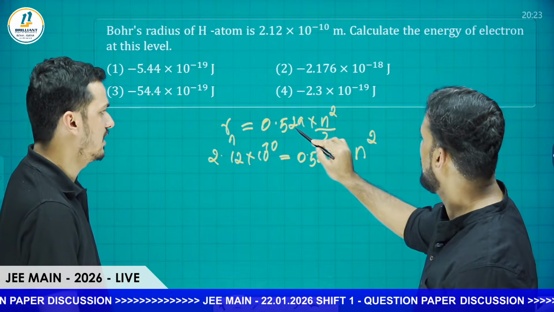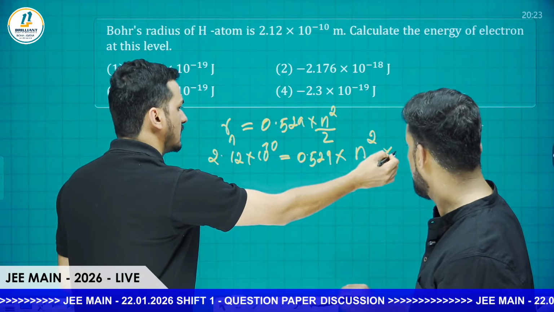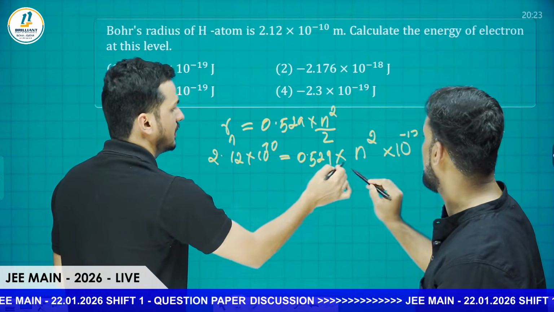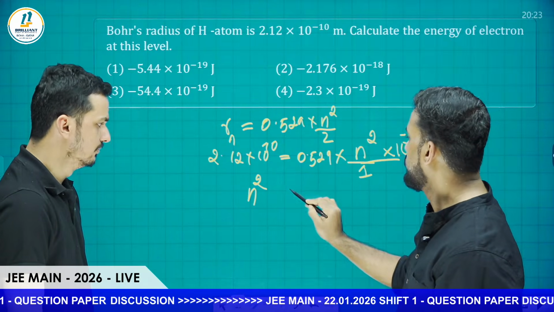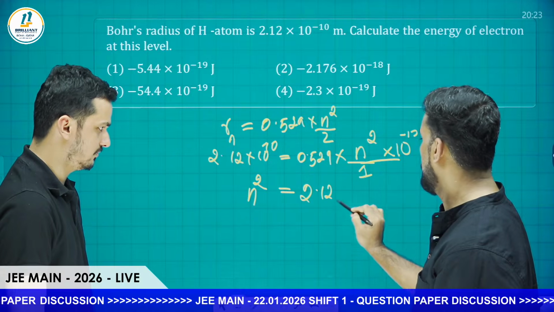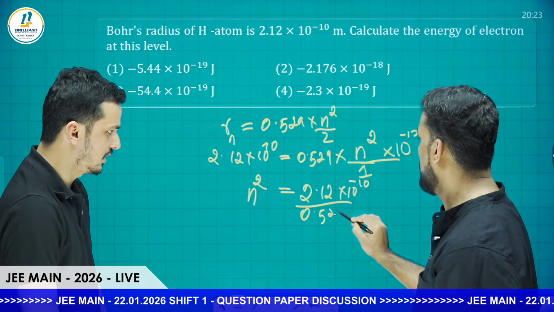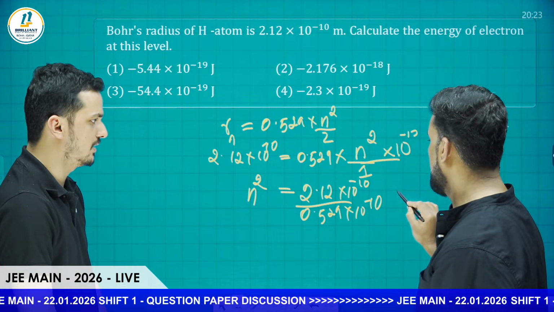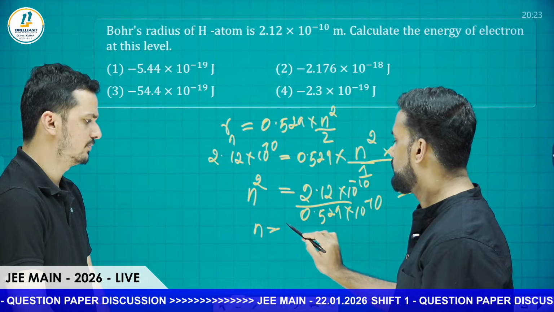This is in angstrom, so 10 raised to minus 10, and Z is 1 for hydrogen. So n square is equal to 2.12 into 10 power minus 10 divided by 0.529 into 10 raised to minus 10. That cancels, so that will be 4, so n means 2.